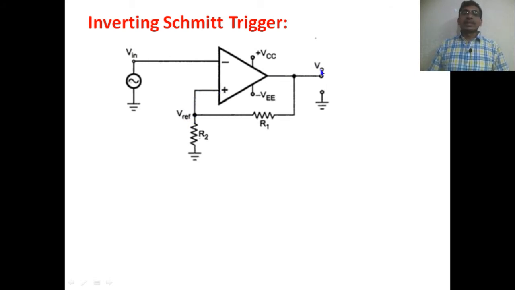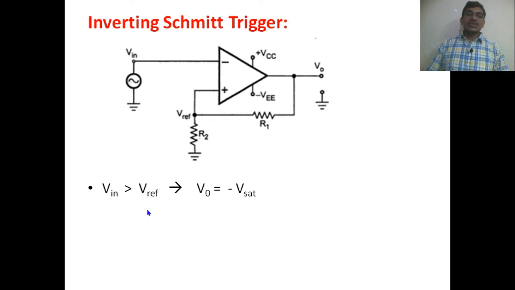V0 is the output voltage, and plus VCC and minus VEE are the supply voltages to operate the op-amp. R1 and R2 form the voltage divider network, which is used to generate the reference voltage at this node, using the output voltage.